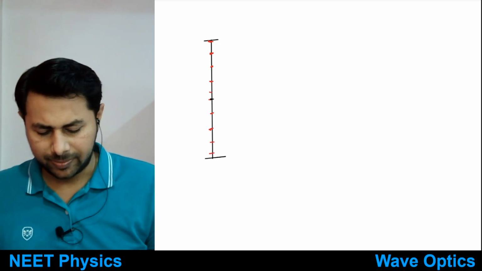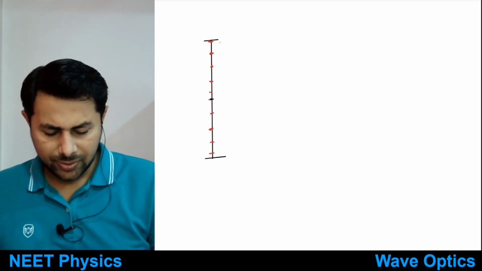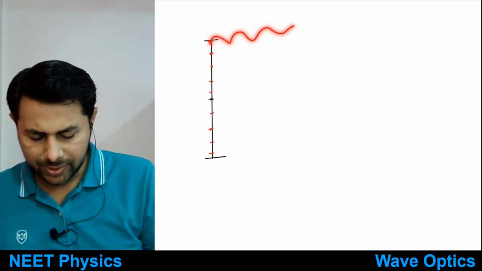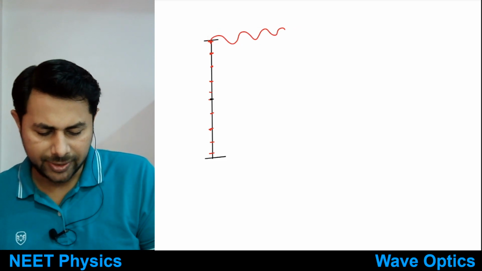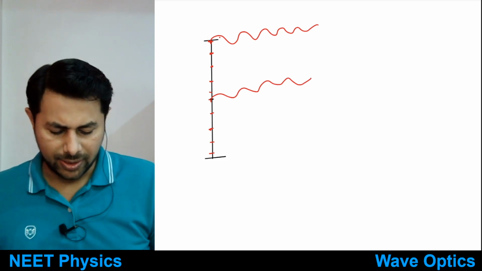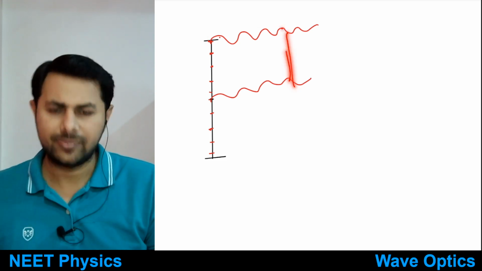Now you can consider this source, a point source of light, and for this point source and this point source, how much is the path difference?